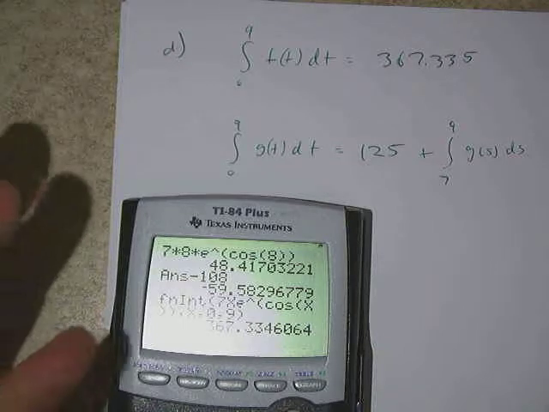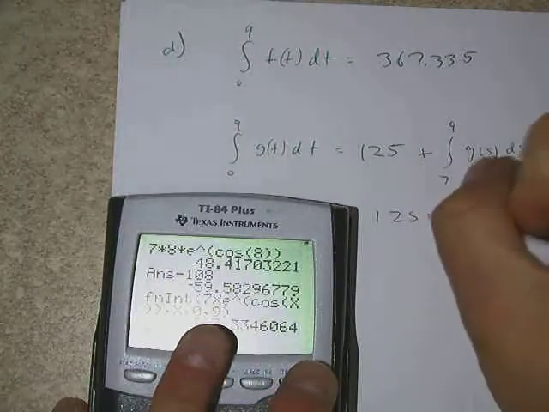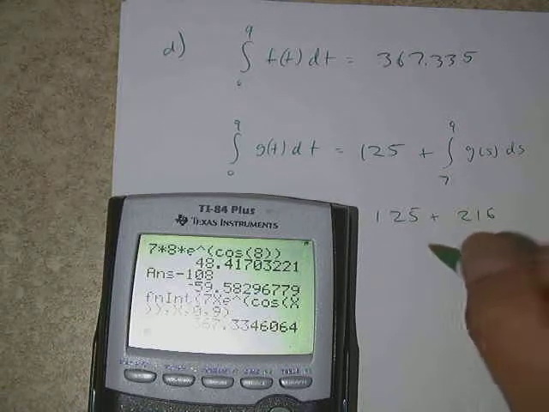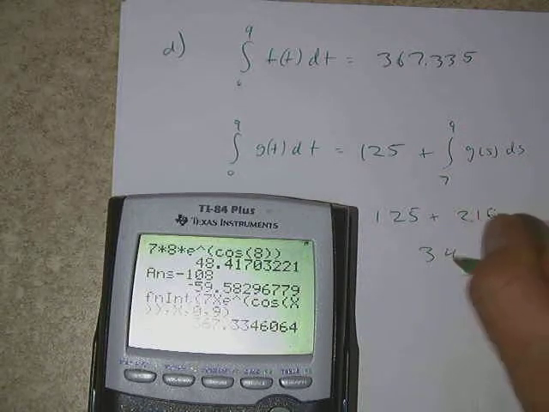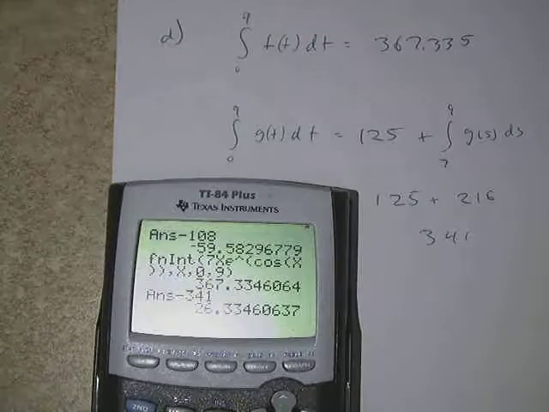All right, and we also know that from 0 to 6 on this is going to be 0. We know from 0 to 7 it's going to be 125. And we just wrote the function a minute ago. It's going to be that from 7 to 9 in this case of our g of s function. Now again, do you have to use calculus necessarily for this part? From 7 to 9 it's a constant rate, isn't it? It's just going to be another 108, 108.